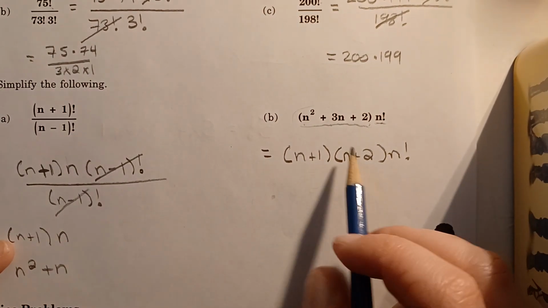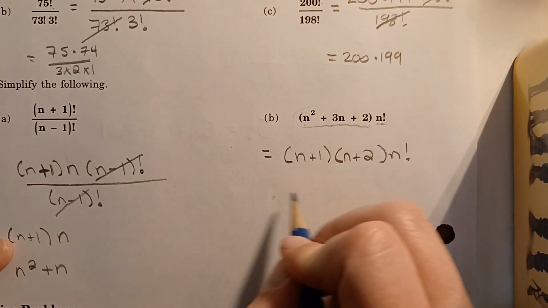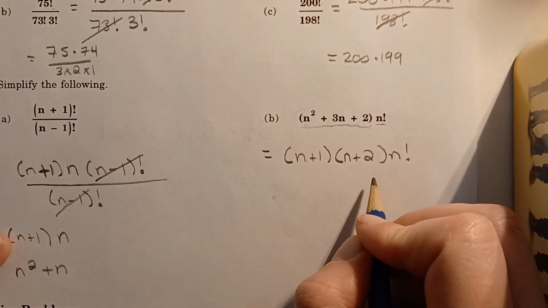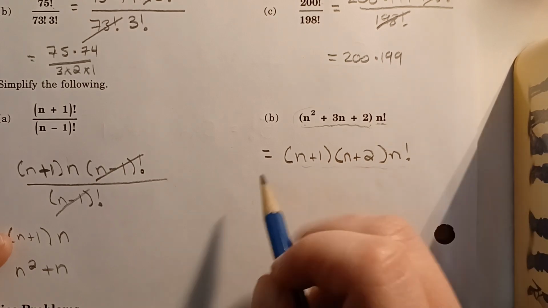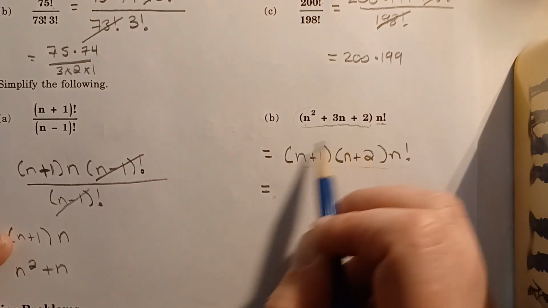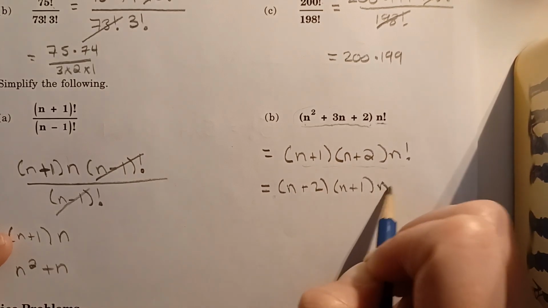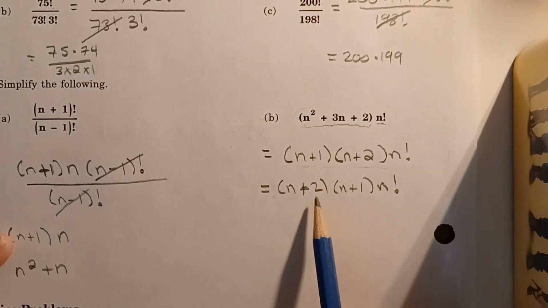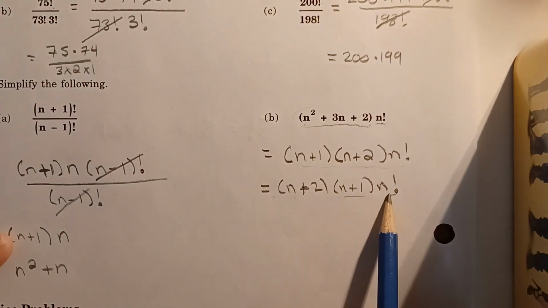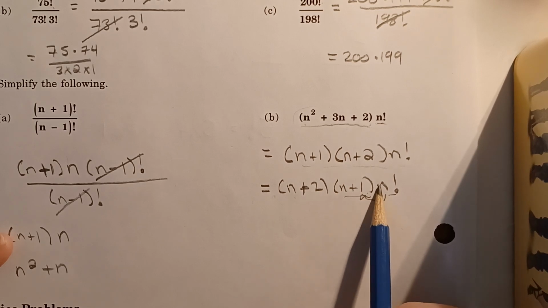Okay, try and expand this out. You will get this expression. Okay, so now, can we see any patterns? The way I've written it makes it a little difficult, but let's look at it like this. What if we rearrange it: n plus 2 times n plus 1 times n factorial? The reason I did that is because now it's in an order where this is 1 less than this, right? n plus 2 minus 1 is n plus 1, and n plus 1 minus 1 is n.